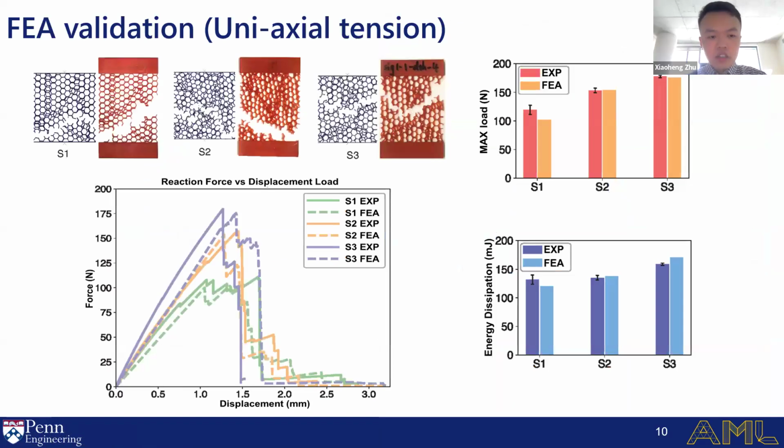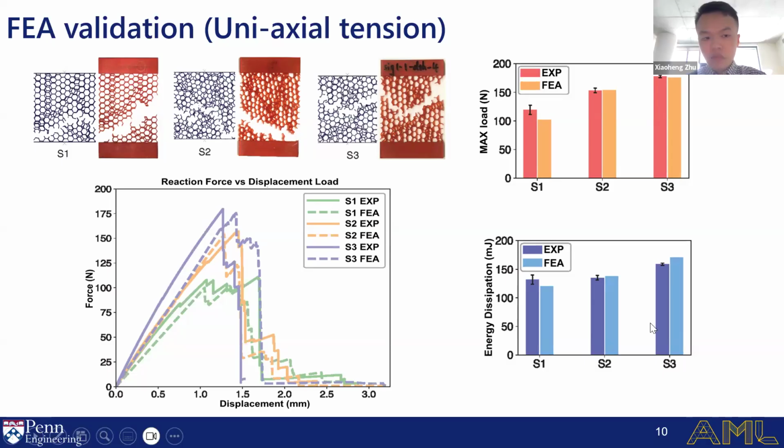So after finishing these things, we do the finite elements validation. So we are using the UMAT. From this experiment, you can see that for the UMAT, once the element reaches the yield strength, the elements will be deleted automatically. So you can see that the crack propagation path is very similar between the finite elements and the experiments.